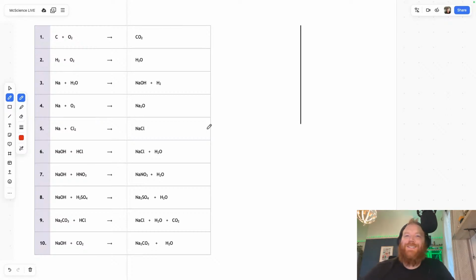Now, when we add sodium to water, we have quite a vigorous reaction, because whenever we add any of our alkali metals to water, it is vigorous.